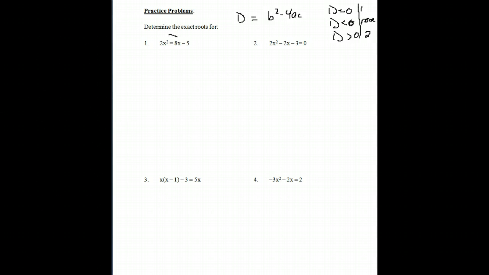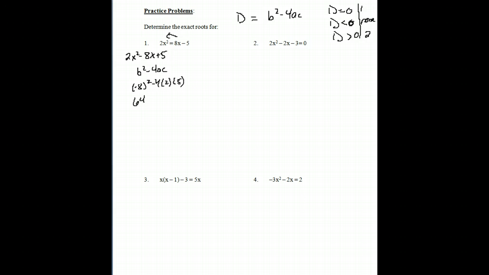First, move everything over to one side of the equation. So 2x squared minus 8x plus 5. B squared subtract 4ac. B is negative 8 squared subtract 4 times 2 times 5.